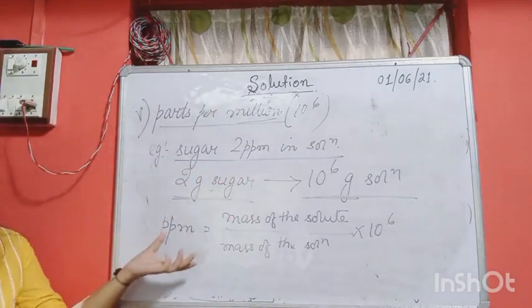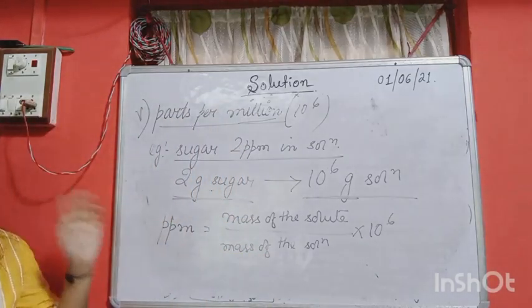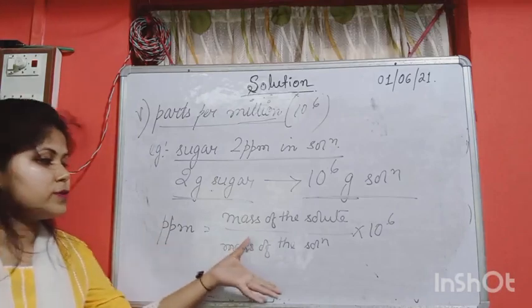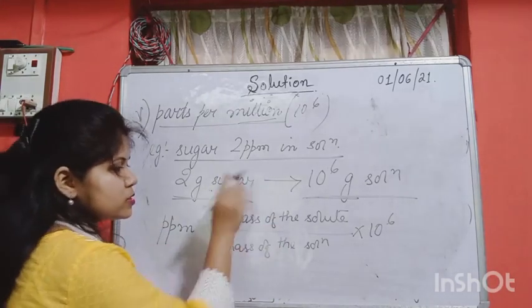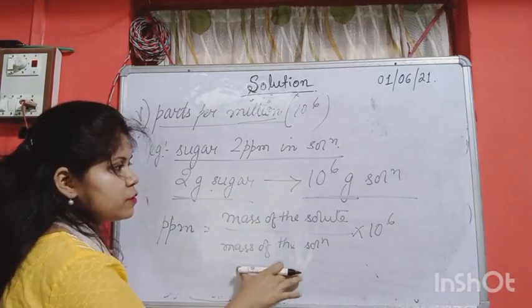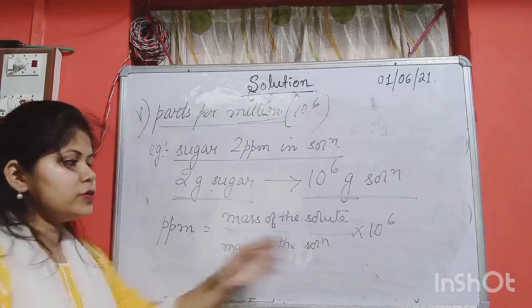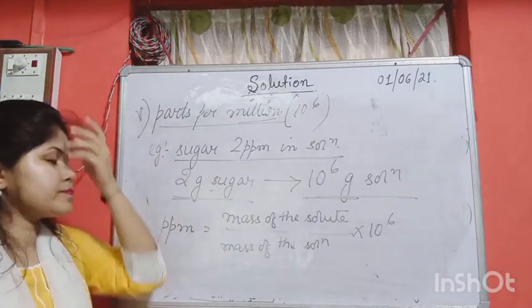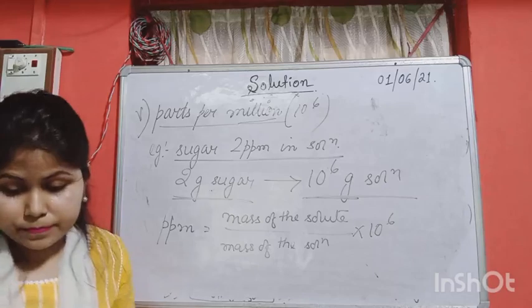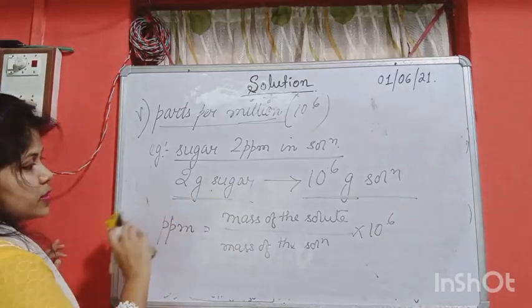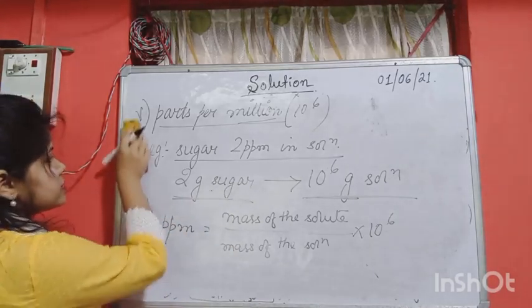So this is the required formula for parts per million. To find the parts per million, we have to write the mass of the solute, which is the sugar, 2, divided by the mass of the solution, into 10 to the power 6.